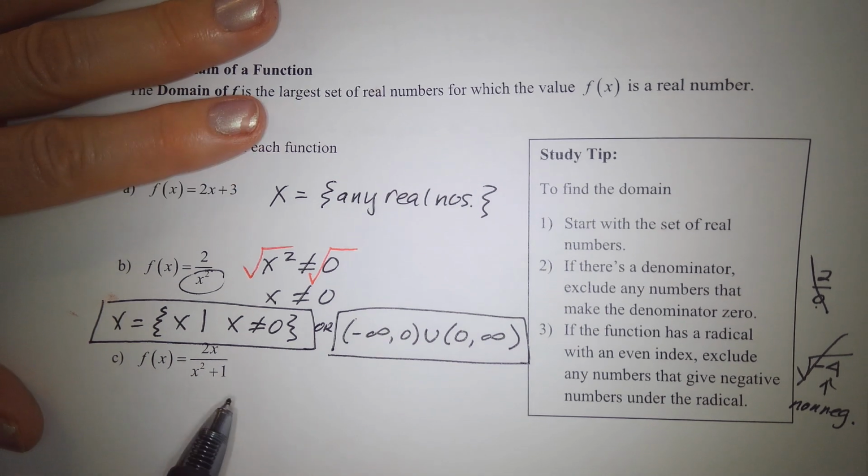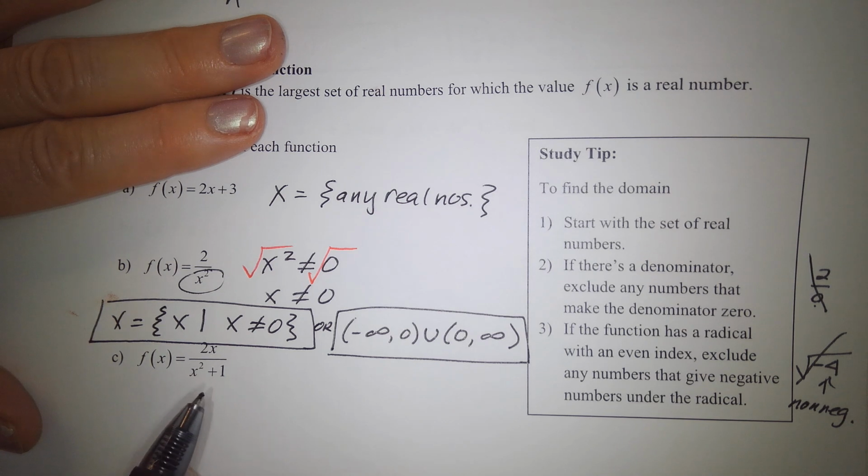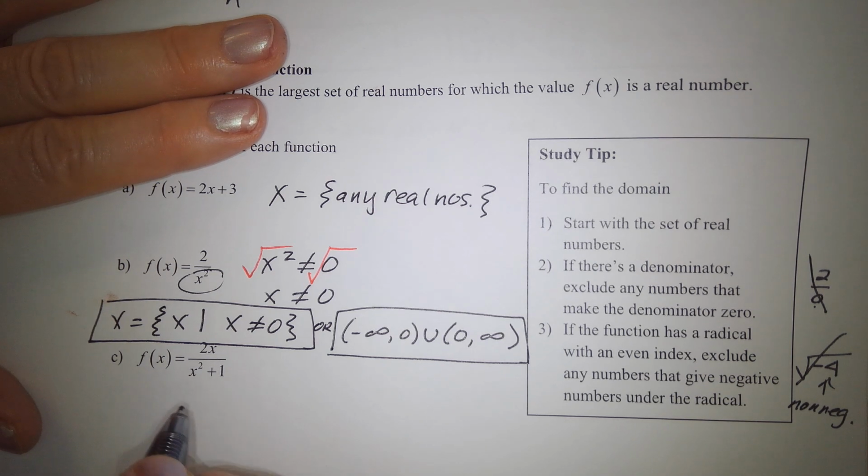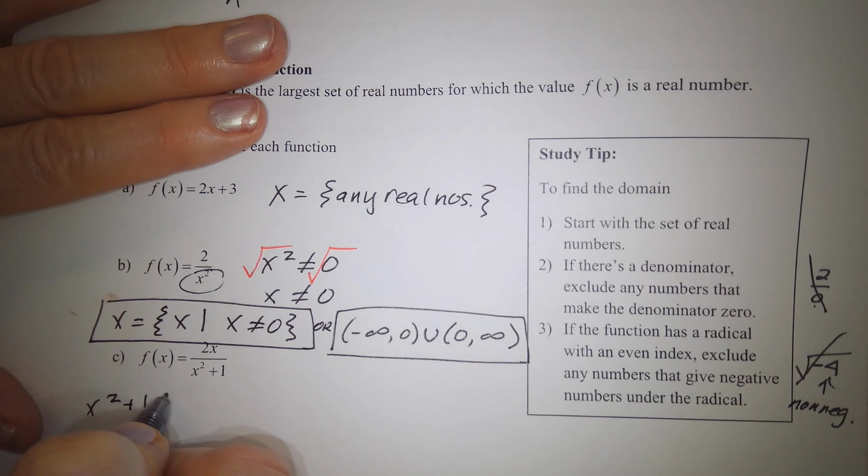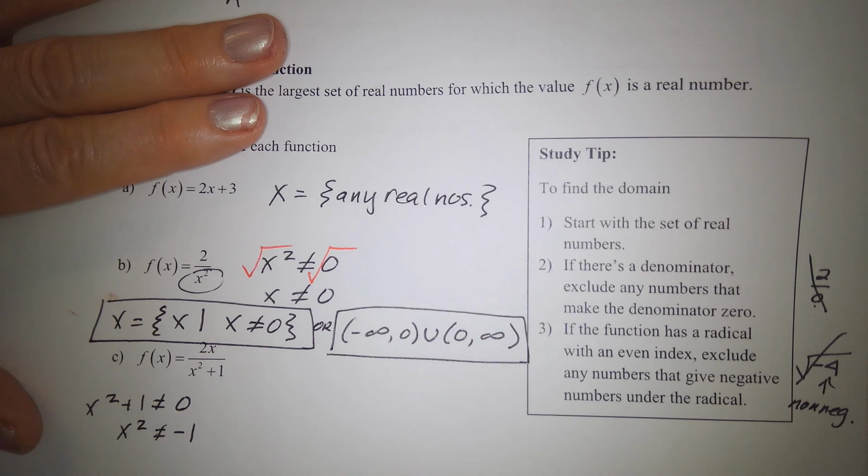And for the last one, again, I have a denominator. Denominators cannot be 0. So we state that this denominator, x squared plus 1, cannot be 0. So let's subtract 1 from both sides and take the square root.